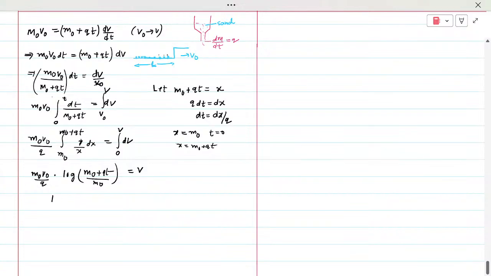So now log of this m into q plus t, total mass, final mass I will take, therefore m by m naught is equal to qv. So here v is equal to L into t I can take, that is equal to m v naught, m naught v naught.